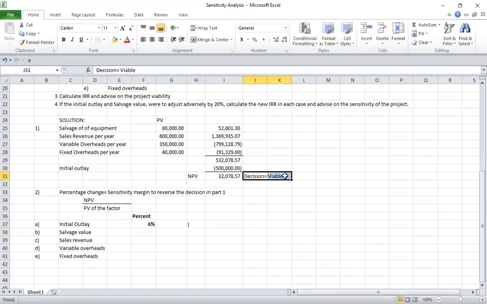Viable. So in this case, we are looking by how much percentage we need to change the initial outlay so that we say that the project is not viable. And that means that we make the initial outlay worse.